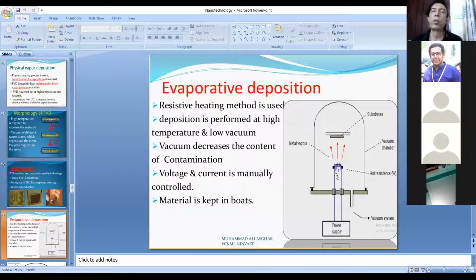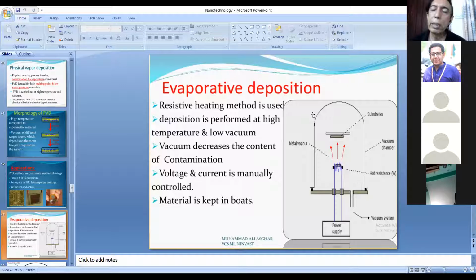For example, 10 to the power minus 2 torr, 10 to the power minus 3 torr, 10 to the power minus 5 torr, 10 to the power minus 15 torr. 10 to the power minus 15 torr means almost nothing is there. No air, no vapor, nothing is there.